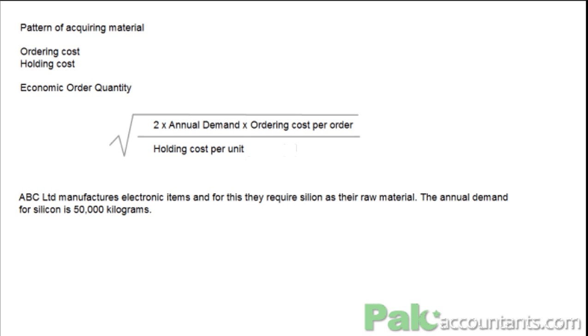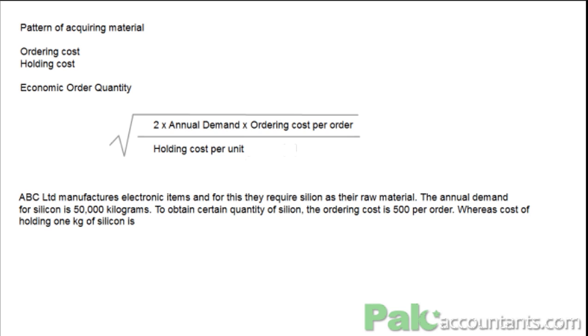To obtain a certain quantity of silicon, the ordering cost is, let's say, $500 per order, whereas the cost of holding 1 kg of silicon is $2.30.